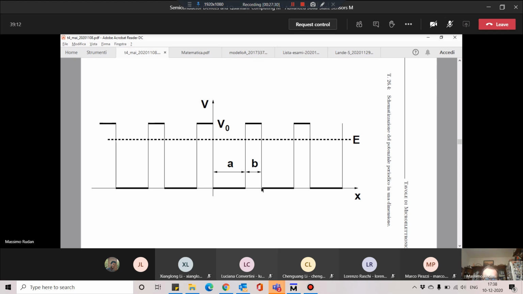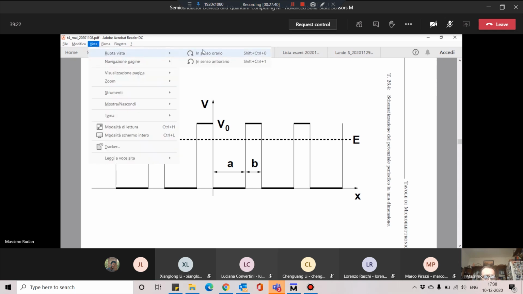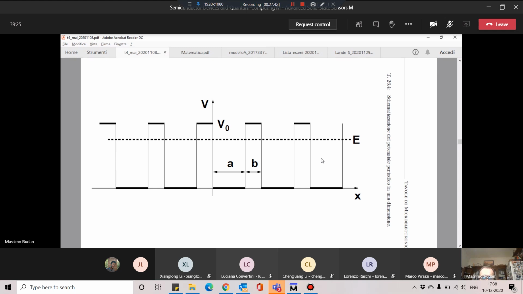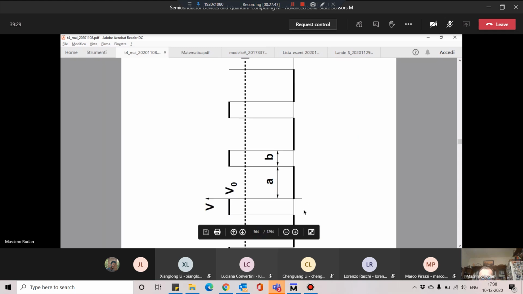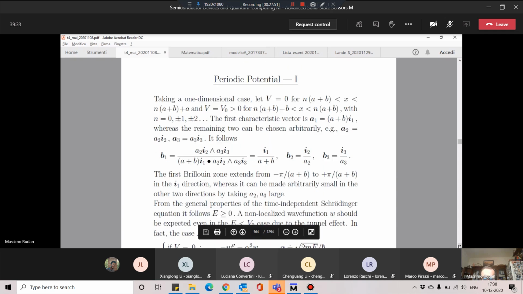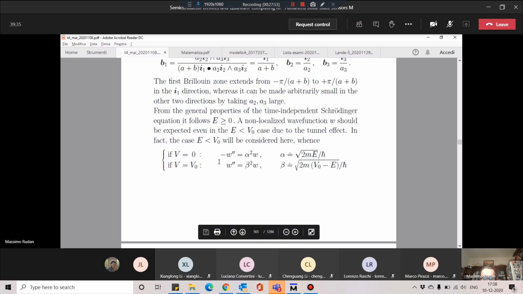Okay, so we have 4 conditions to be imposed, and we shall be able to use only one period of the function in order to fully solve the problem of the Schrödinger equation.